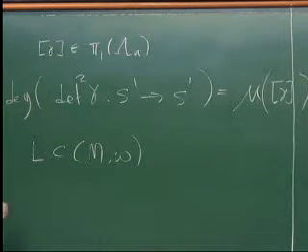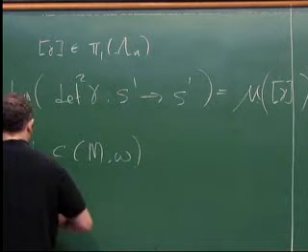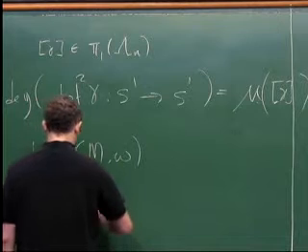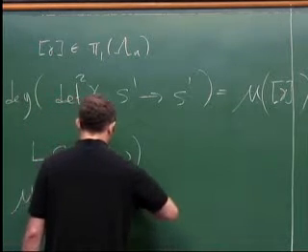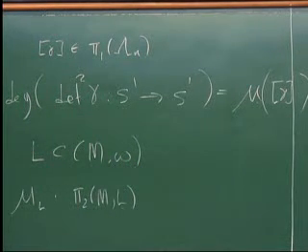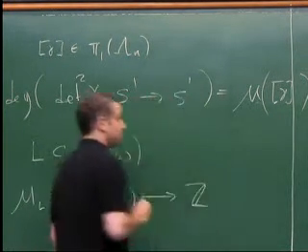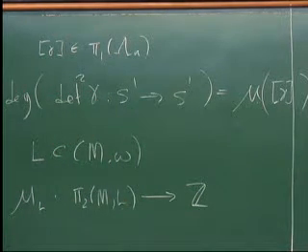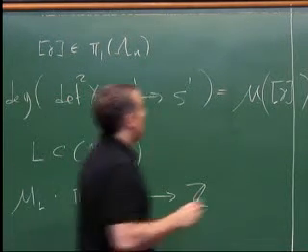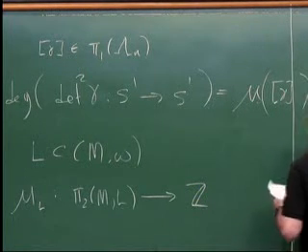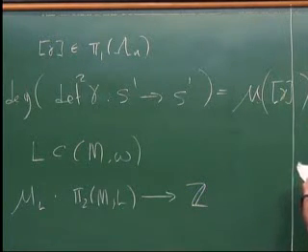Just using the classical Maslov class, we get a homomorphism from, in this case, the second relative homotopy group to Z, which is defined explicitly in terms of the classical Maslov class as follows.